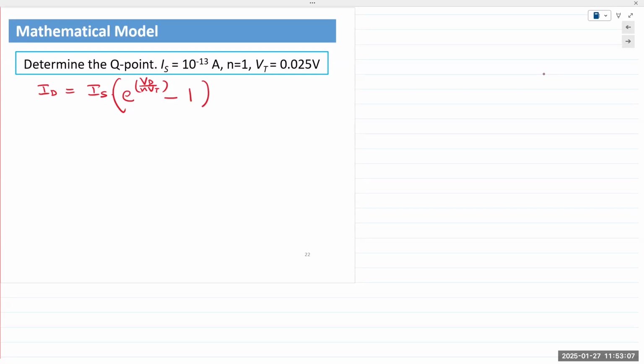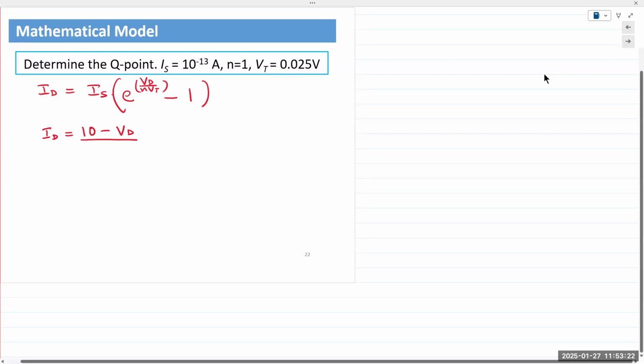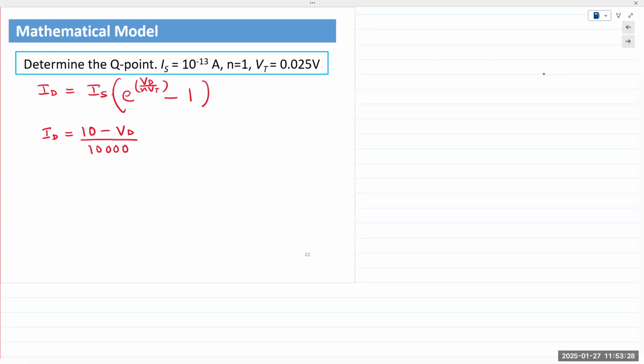ID can be written as that same circuit. Simple Ohm's law. It's a series circuit. I'll draw the circuit here so we don't have to go back. It's a series circuit.